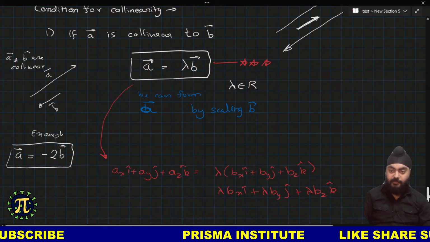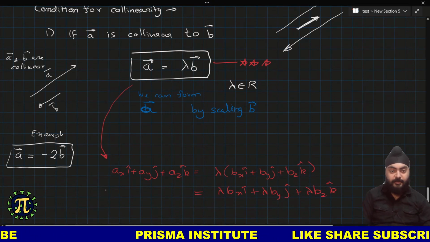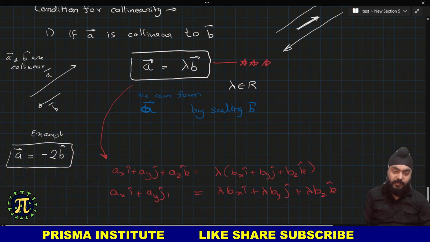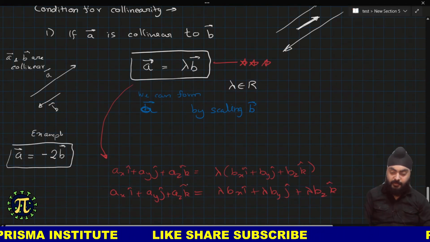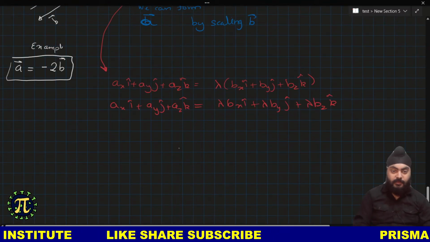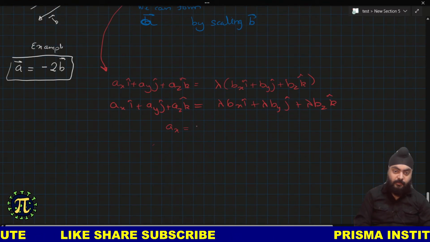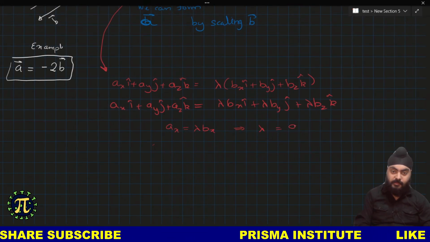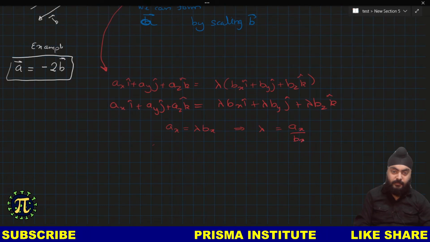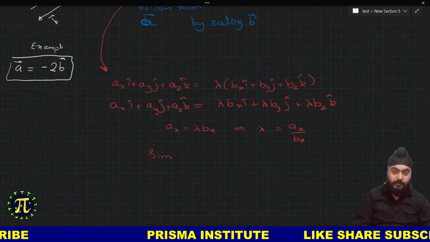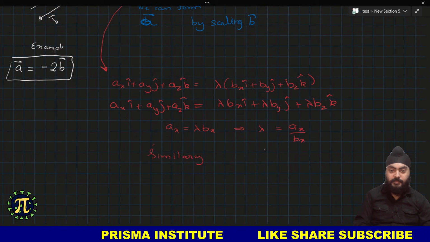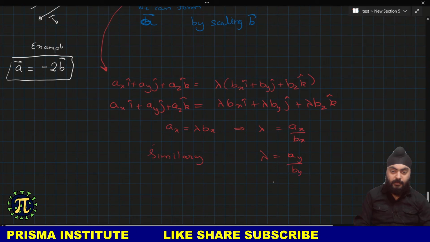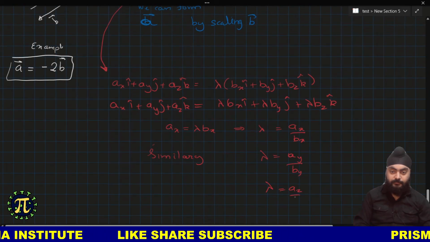Since the vector on the left and the right are equal, all their three components must be equal, as we defined earlier. So we get ax is equal to lambda times bx, which implies lambda is ax by bx. And similarly for the other two components, we can define lambda is equal to ay by by, and lambda is equal to az by bz.